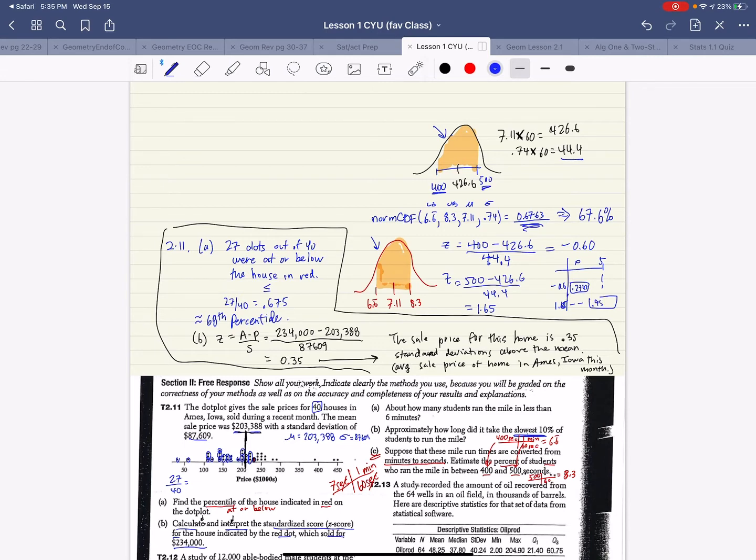That's 0.9505. So we have to subtract these two numbers. So we have to do 0.9505, subtract 0.2743, and we get our answer 0.6762. So pretty much the same answer, would round to the same answer.